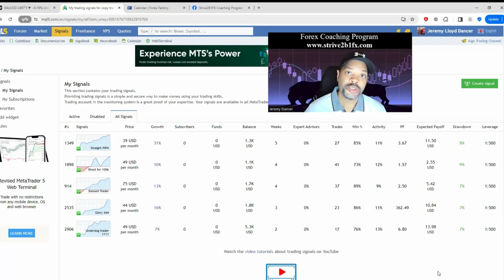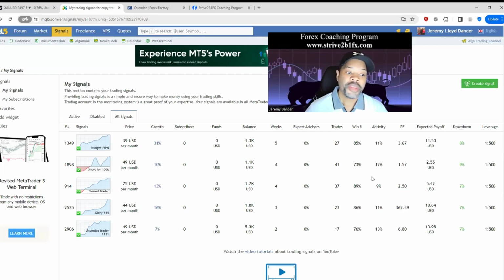Please note, you do need an offshore broker to copy my trades. And you also need to make sure your broker allows signal providers inside your MetaTrader 4 or MetaTrader 5 platform, because not all brokers allow signal providers for the MetaTrader 4 and MetaTrader 5 through MQL5.